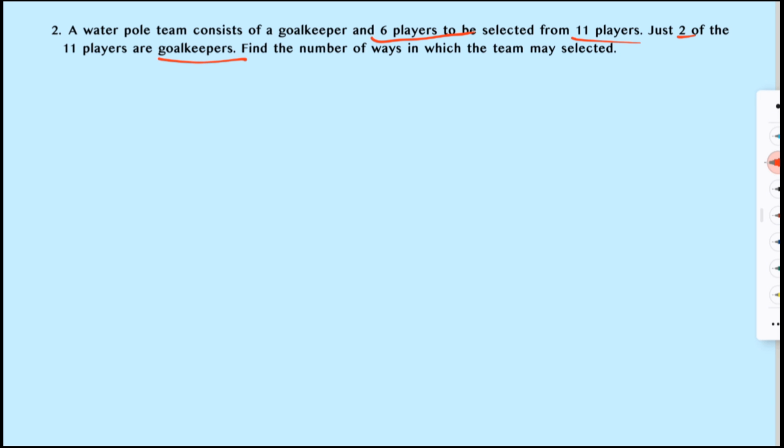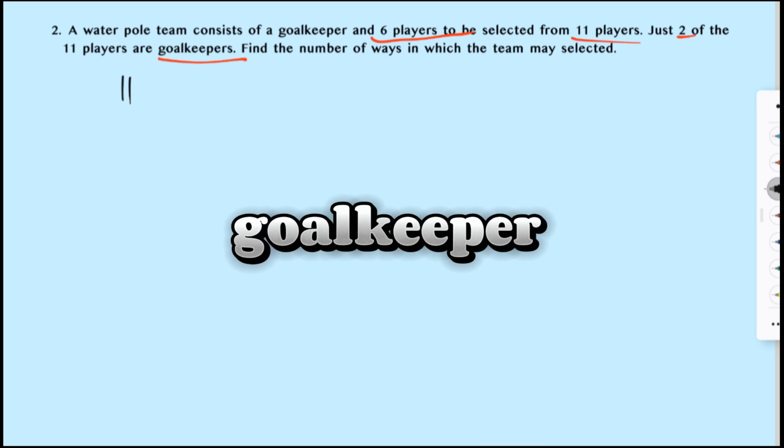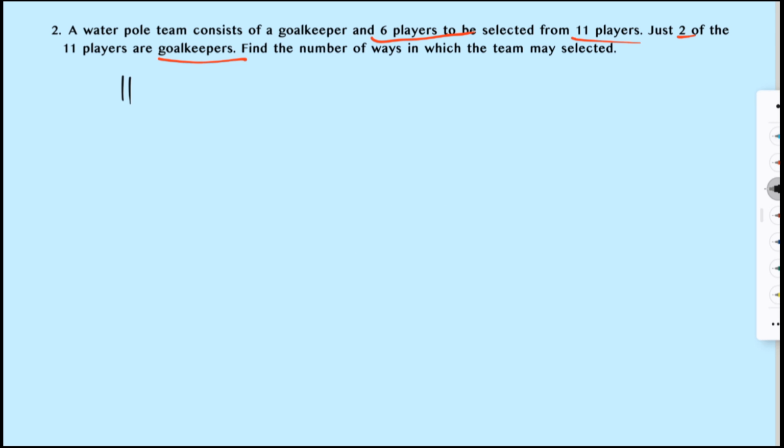So we want to start by selecting the goalkeepers first. So out of the 11 players, there's 2 ways in which we can select a goalkeeper, but we need only 1 goalkeeper. So we're first of all going to minus the 2.